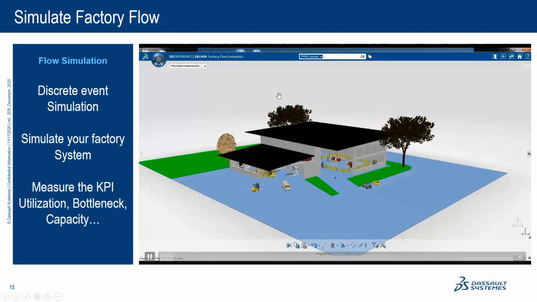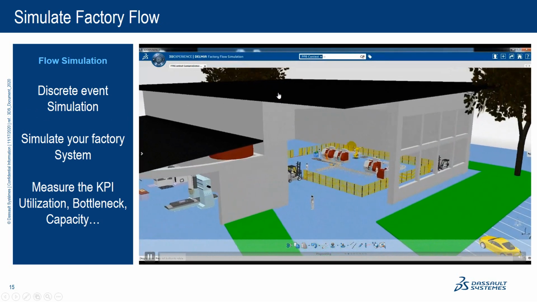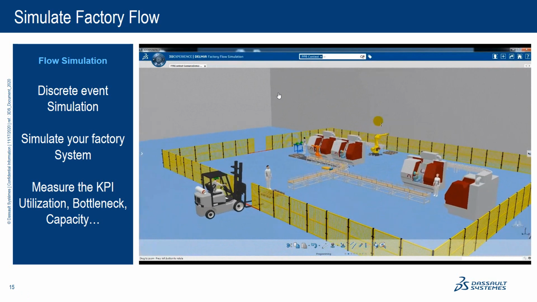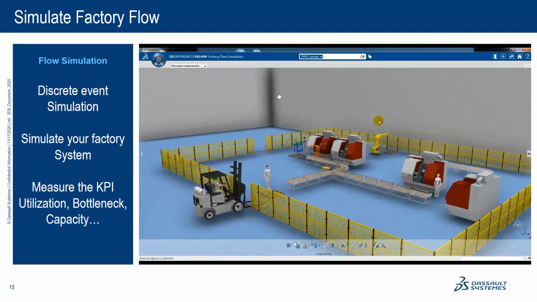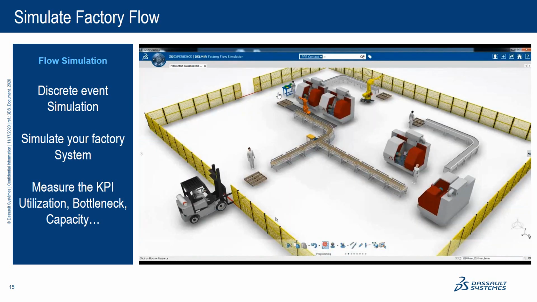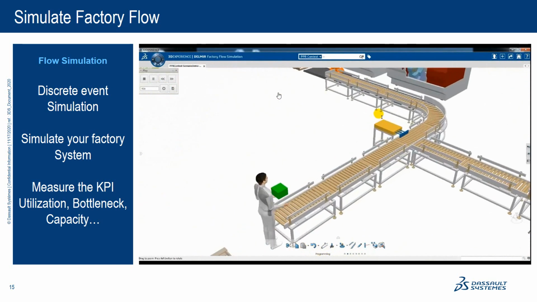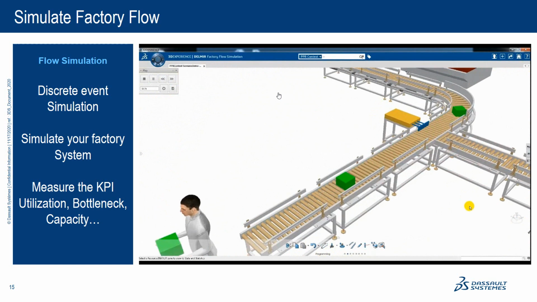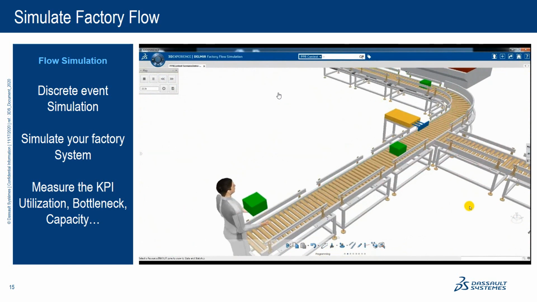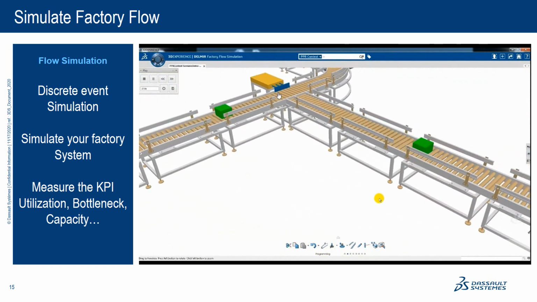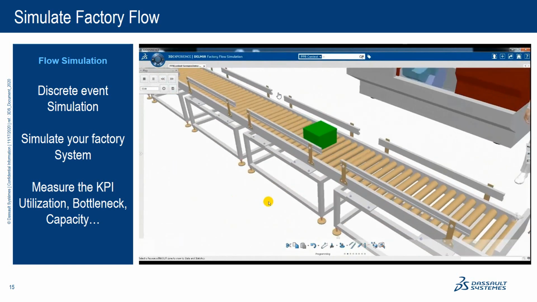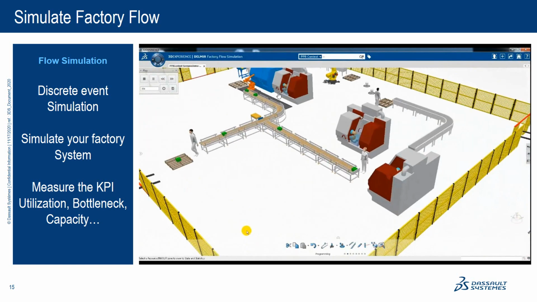So we saw how to build the 3D model of your factory. The next step is to move to the definition of the processes that will happen on the shop floor. There it's done very quickly. You have a system where we start with an operator who's loading boxes or raw material on a conveyor. All the logic of the manufacturing process is defined.